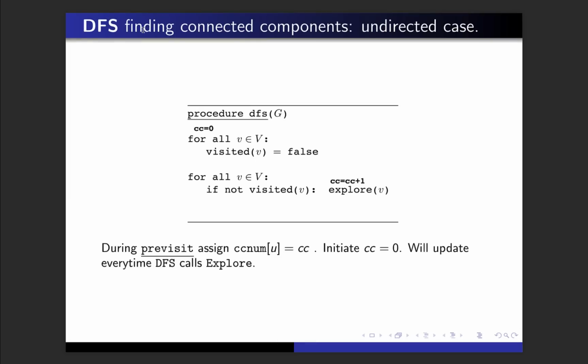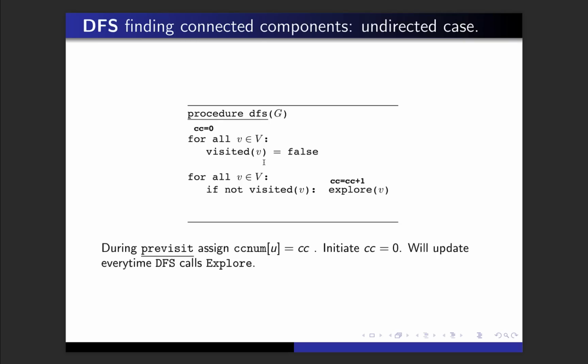Another interesting application is to determine the number of connected components in an undirected graph. I told you that DFS is the algorithm that explores the entire graph, while the explore procedure that is used in DFS explores a connected component. So we can keep track of the number of connected components, and the connected components themselves, by setting a variable that I'm going to label CC, for connected components, and I'm going to start that at 0.